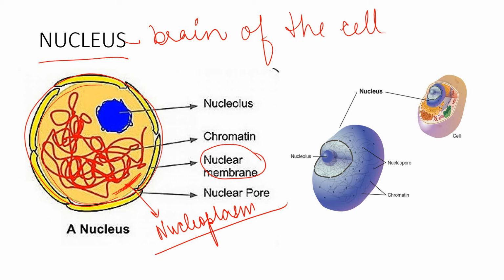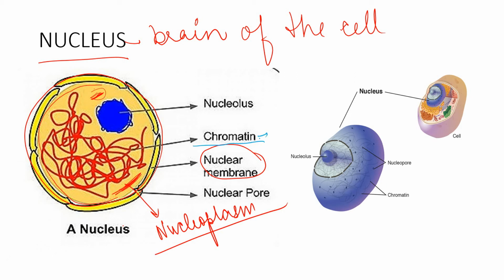The nucleoplasm contains thread-like structures called chromosomes. So this yellow is the nucleoplasm which is present inside the nucleus, and in this nucleoplasm what floats, let me change the ink. Yeah. So what floats is chromosomes.